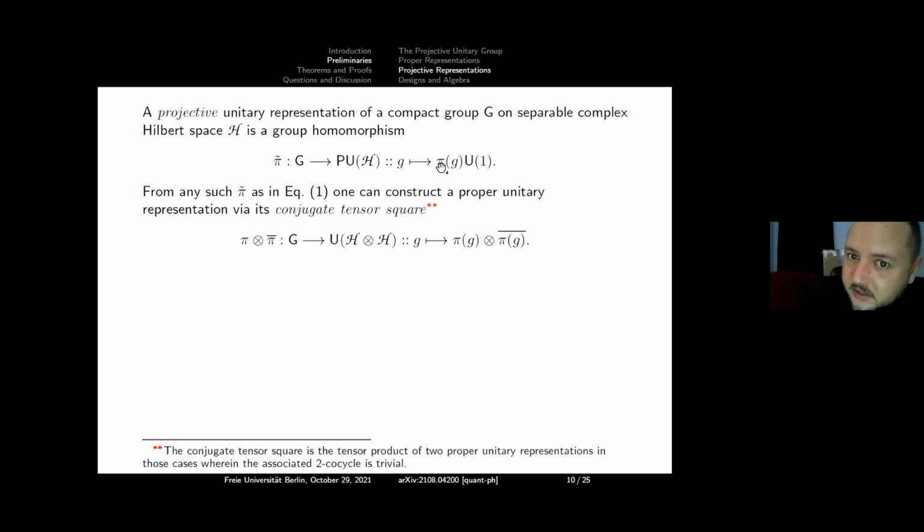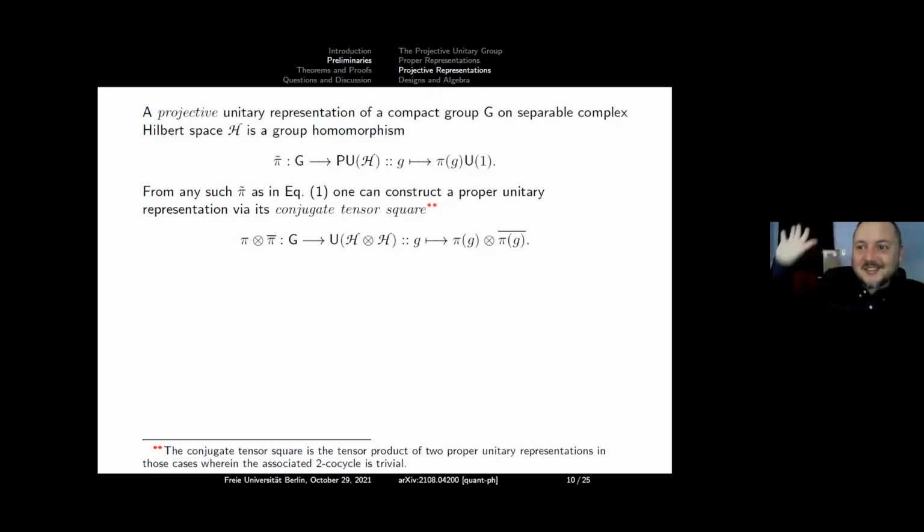And that pi is this pi here. So you see why it works. Let's say I have pi of little g tensor pi of little g complex conjugate times pi of little h tensor pi of little h complex conjugate. So that is pi of g pi of h times a scalar, and then on the other side, the tensor factor of pi of g pi of h times the inverse of that complex scalar.